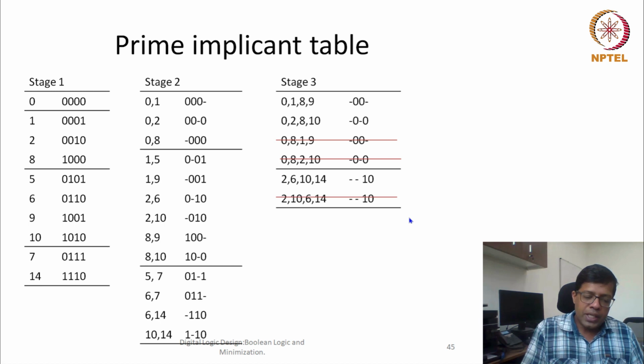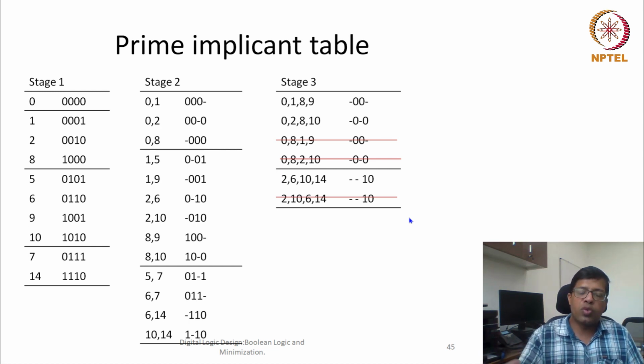Now let us see the list of our prime implicants. To find the list of prime implicants, what we do is go from the higher stage to the lower stage, and we see that if all the implicants there are covered by the larger set, then we can simply ignore them.